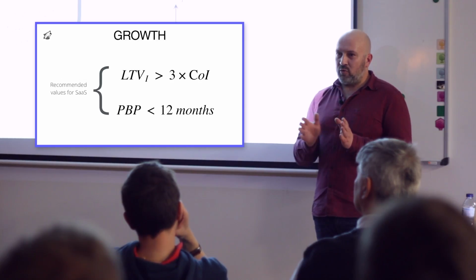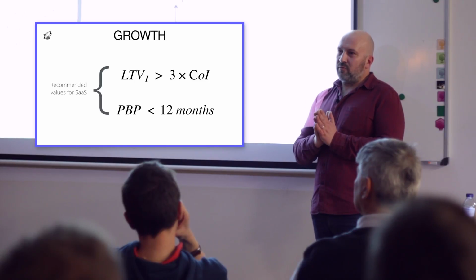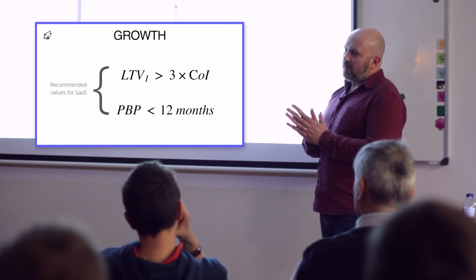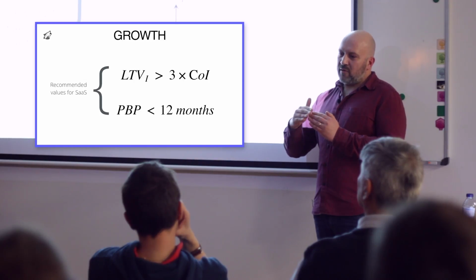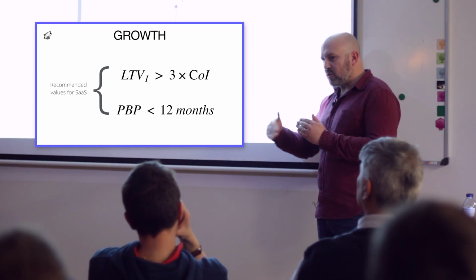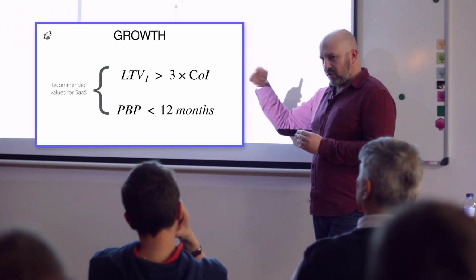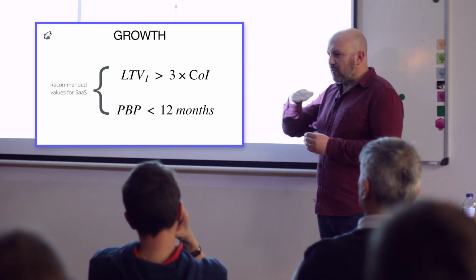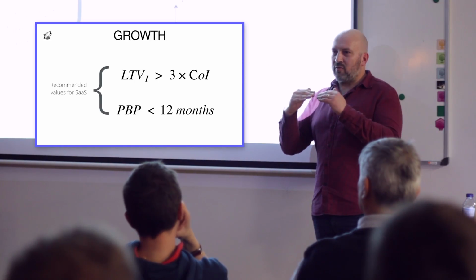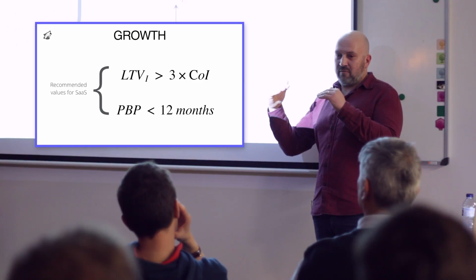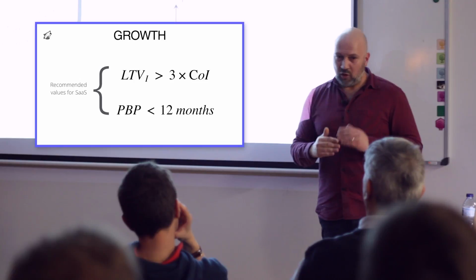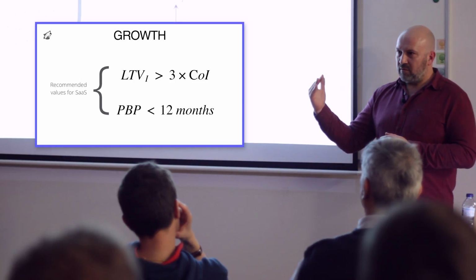In order to achieve growth, or to be on a growth path, you need to have certain elements in place that over time will always have a multiplying effect, right? Otherwise it's a flat line. In a flat line, you can have a profitable company that is not growing, right? So we're not looking for that. We're looking for growth.